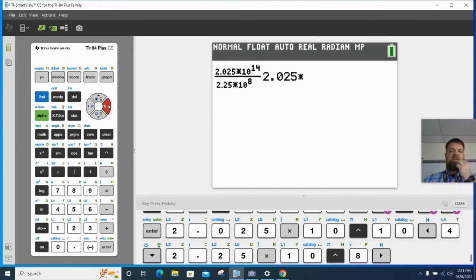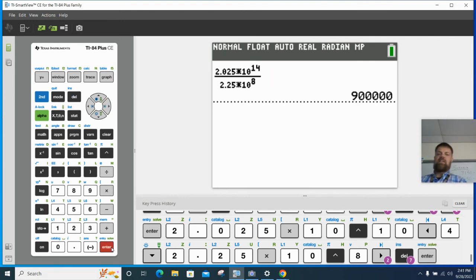Okay. Now I'm going to come over here because Mr. Adams has got to delete that. So let me get rid of all that stuff. All right. I'm going to hit enter. I'm going to get this crazy number. It's about 900,000 kilometers per year, roughly.